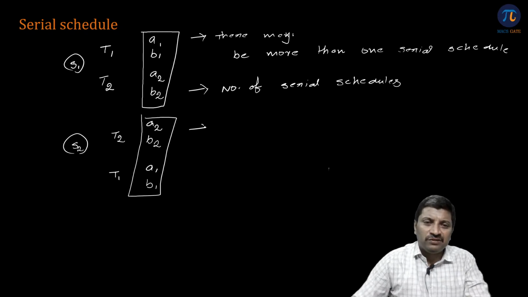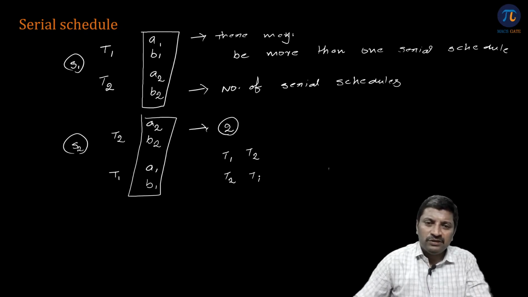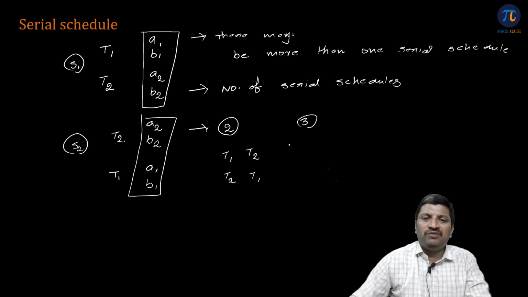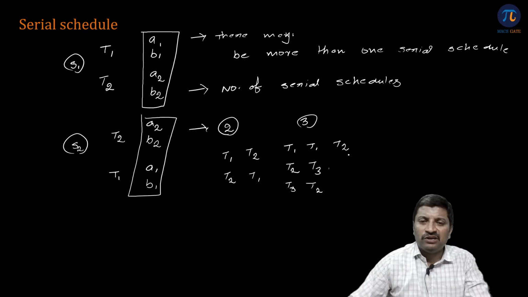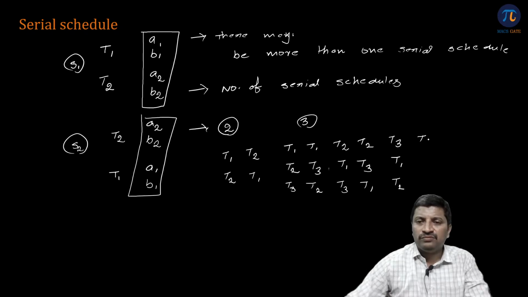Whenever you have 2, you can do either T1 followed by T2 or T2 followed by T1. Whenever you are having 3, I can write T1, T2, T3, or T1, T3, T2, or you can start with T2, then T1, T3, or we can start with T3, T1, T2, or T3, T2, T1.